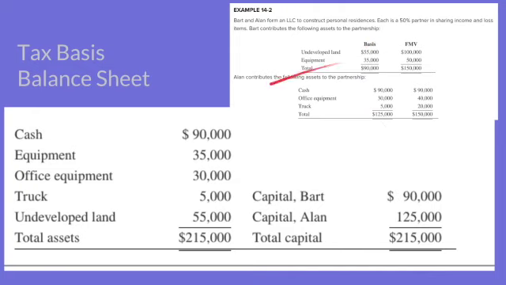So you see the equipment at 35 right here, the office equipment at 30 right here, the truck at 5,000 right here, undeveloped land 55. That totals, remember, total assets equals owner's equity plus liabilities. In this case, we have no liabilities, but look at how the owner's equity works out, because these are the tax basis side of the balance sheet.